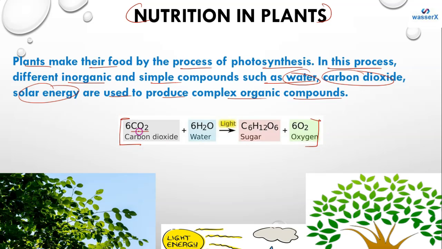As you can see, we have 6 molecules of carbon dioxide, then 6 of water, with the help of light, that is solar energy, and of course chlorophyll, sugar is produced. That's C6H12O6 plus oxygen. This is the kind of process that happens in plants.